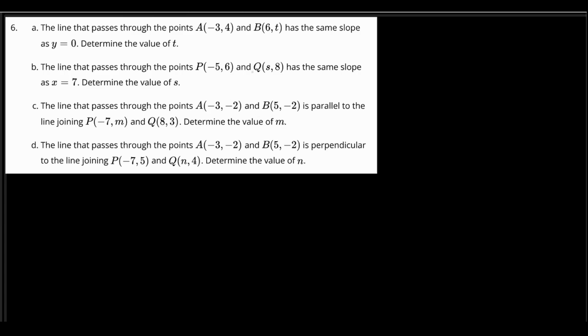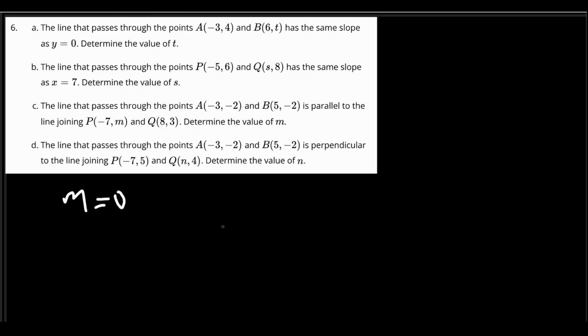Let's first look at this slope business, because that's the most important part here. The slope of y equals 0 is 0, because it is a horizontal line, and all horizontal lines have a slope of 0.